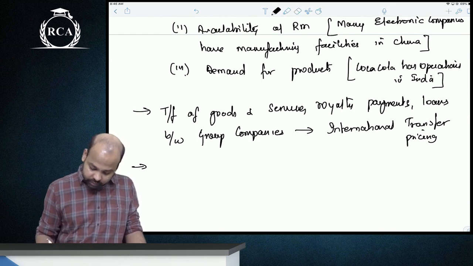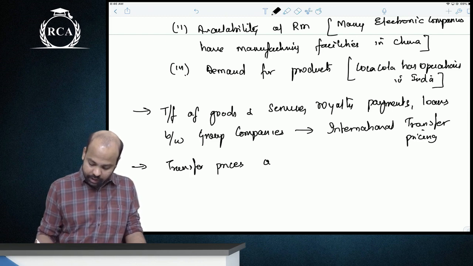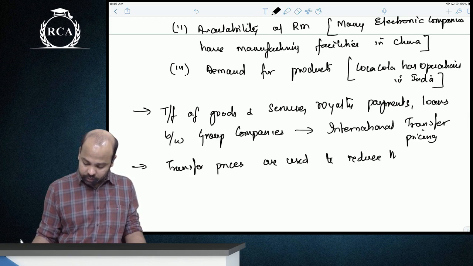Transfer prices are used to plan taxes, to reduce the overall tax expense.